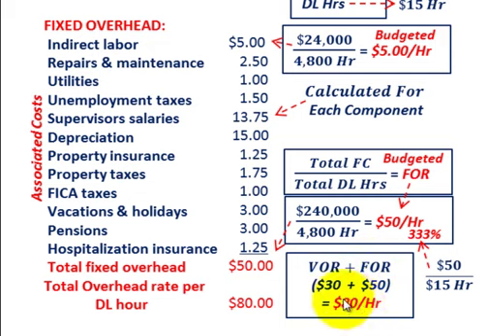So the total amount here is $80 per hour for our overhead cost for this particular cost pool, and the basis for this one overall overhead rate was 4,800 direct labor hours. So the allocation basis is direct labor hours. Okay, so that's how you go about making your calculations here.